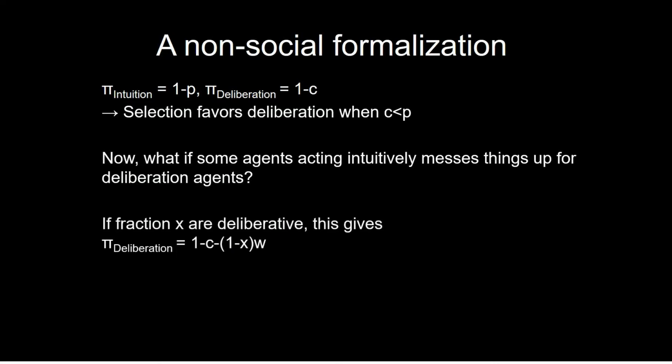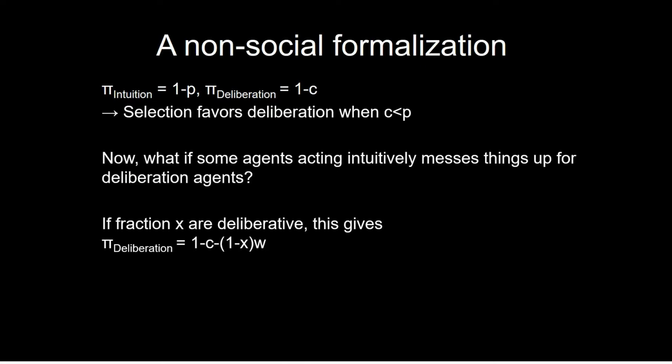So we can model this by just adding a term where we say that for deliberation, when you make a good decision, you have to pay some cost of thinking, and then also there's some additional cost imposed by the presence of intuitive agents.